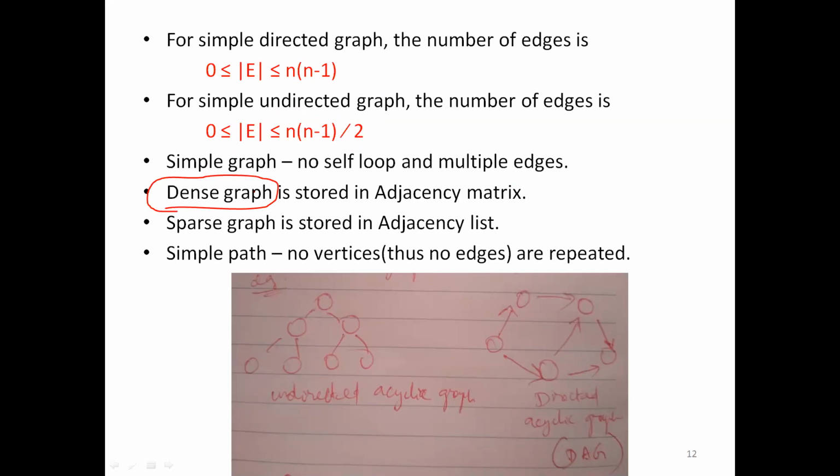Consider a strongly connected graph: every vertex has a path to reach the remaining vertices in the graph. If you want to model that kind of scenario, you require more edges. I call that type of graph a dense graph.